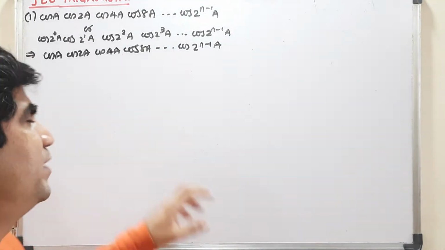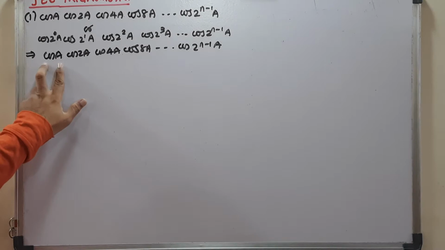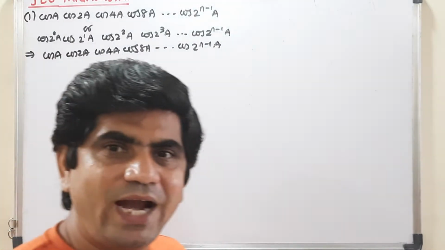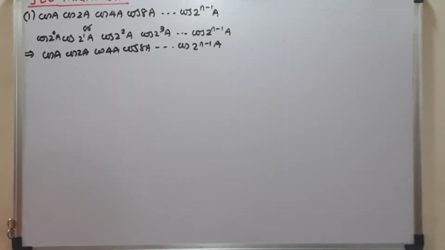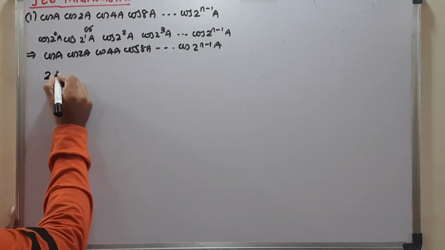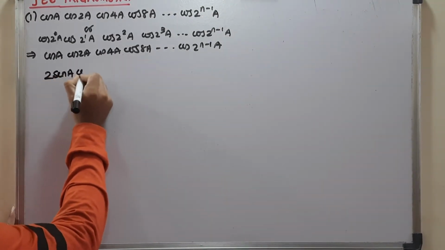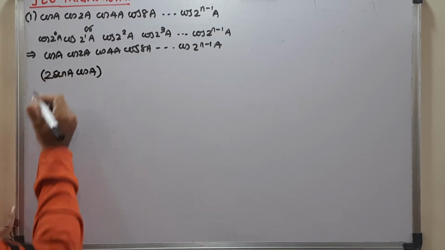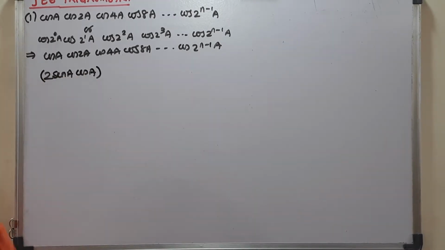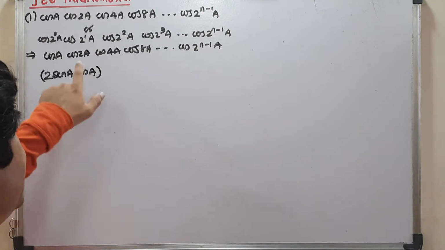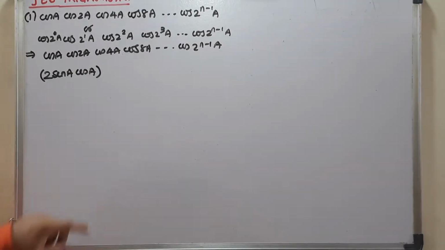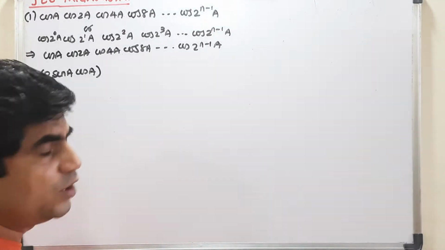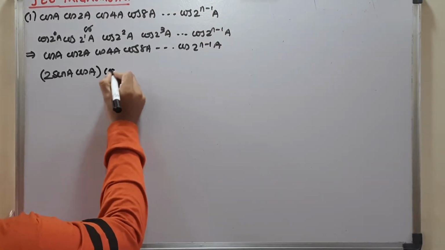If I had, for the first one, only cos A, sin A multiplied by 2, that is, 2 sin A cos A, I would get immediately the formula of sin 2A, which will help me deal with this part, correct? And then it will get converted into cos 4A, right?